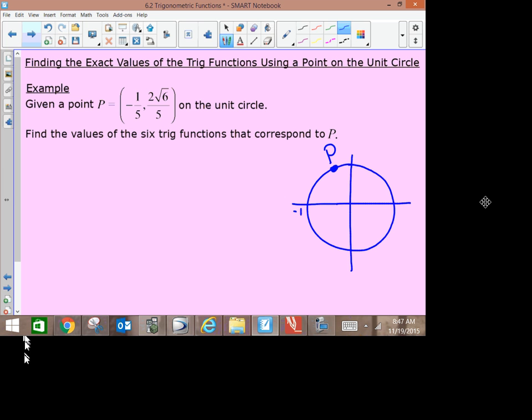So this is point P: -1/5, 2 radical 6 over 5. Left, up. Not rise over run. This is x, y.